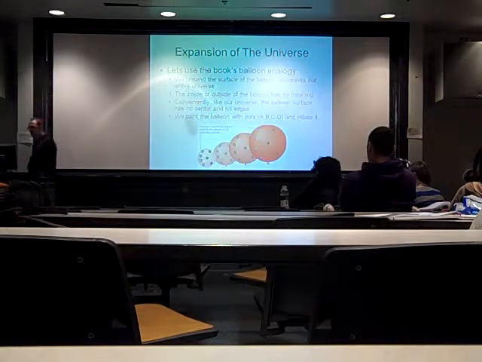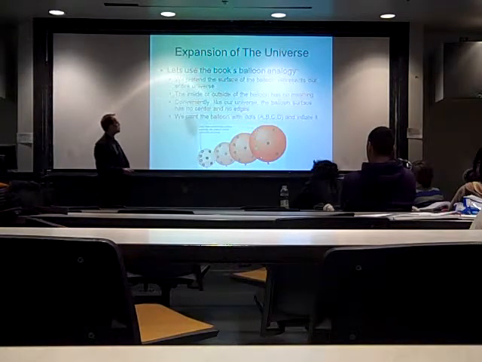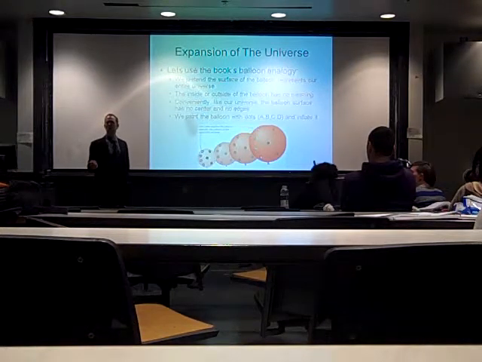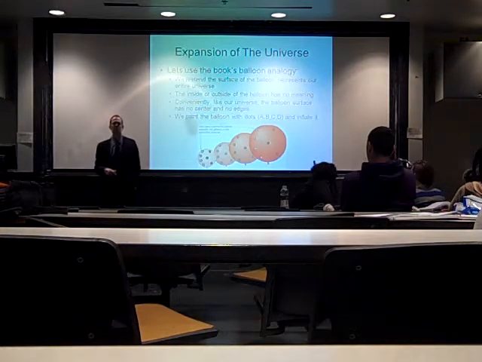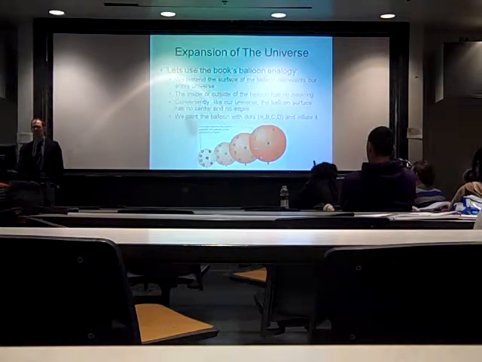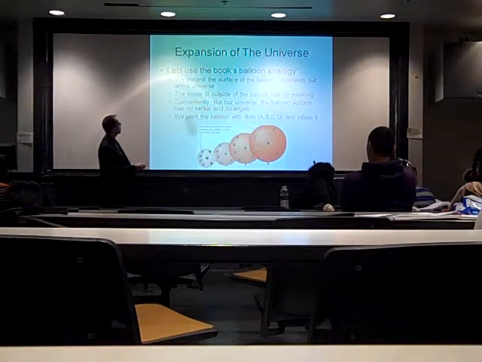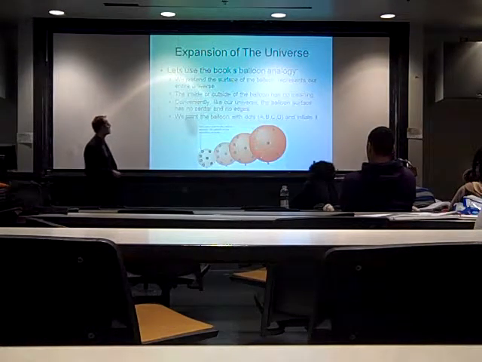So, we pretend the surface of the balloon represents our universe. The people on the surface of this balloon have no idea of what it's like to be off the surface of the balloon. So they just have a two-dimensional world. So the inside or outside has no meaning.